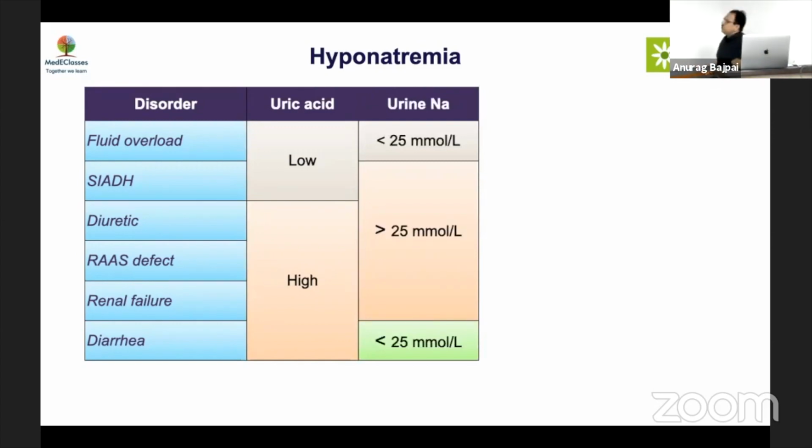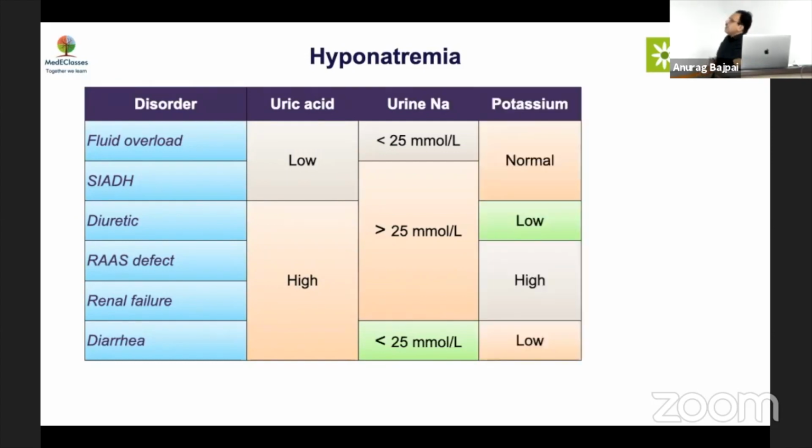Urinary sodium, of course, should be high if you are losing because of kidneys. Otherwise, it's an extra renal loss. Potassium, you should always have hyponatremia with hyperkalemia if there is aldosterone deficiency. If you have diuretic or diarrhea, you will have hyponatremia and hypokalemia. Potassium will be normal if you have ACTH deficiency or ACTH resistance, because cortisol is affected but not aldosterone.